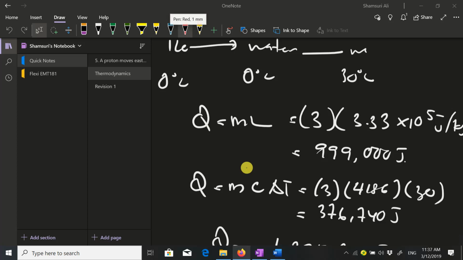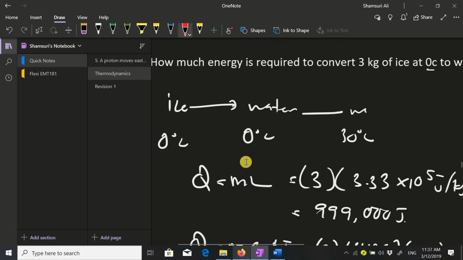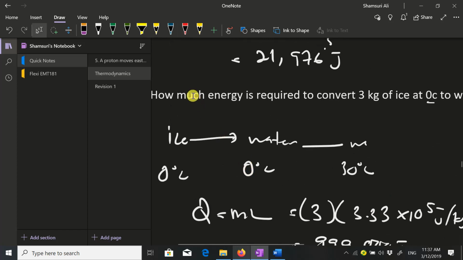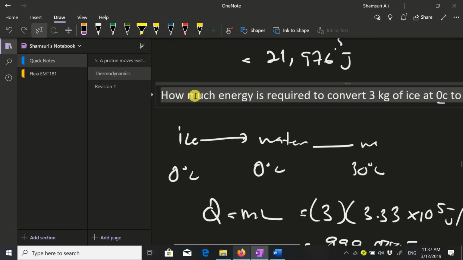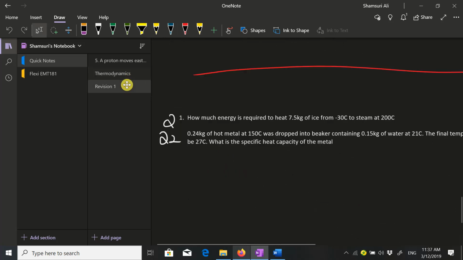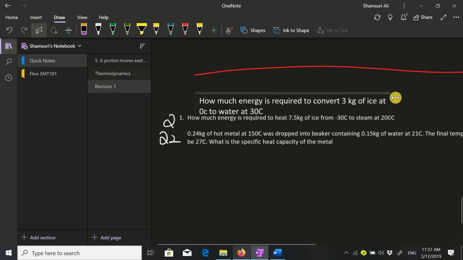So why do we have 4186? The question is here: how much energy is required. I can put it into the revision back, Control A, Control C. We can start from this question first, asked by your friend.